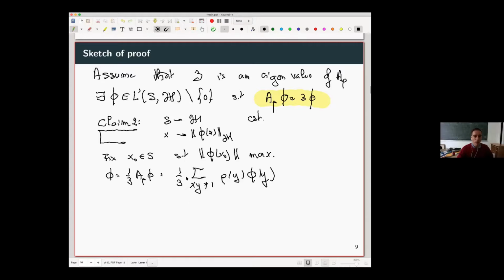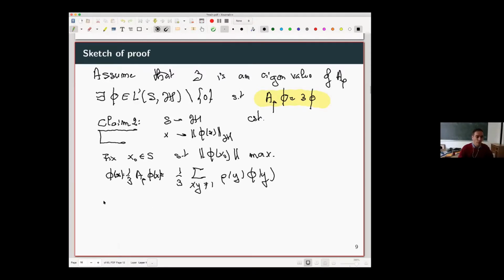And what do I mean by averaging operator? So I'm summing over 3 elements and I divide by 3. So I'm doing the average of 3 vectors here. Sorry, that's computed at x here.